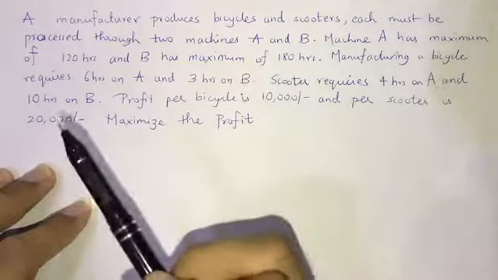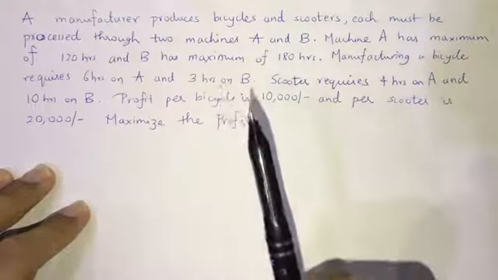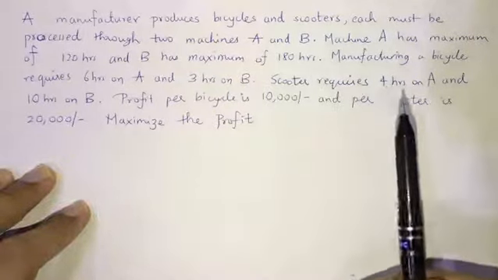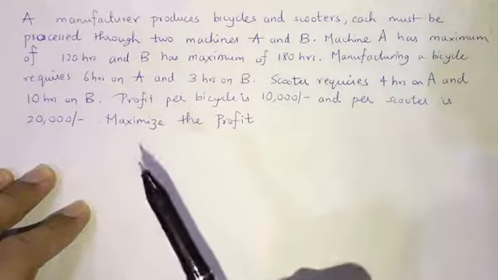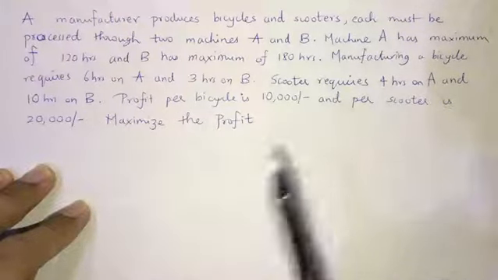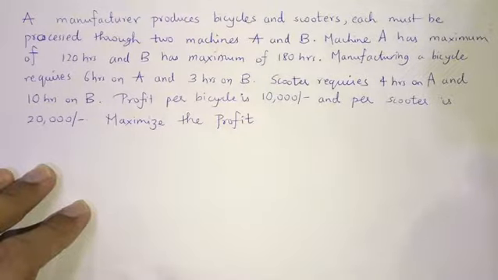Manufacturing a bicycle requires 6 hours on A and 3 hours on B. A scooter requires 4 hours on A, 10 hours on B. Profit per bicycle is 10,000 and per scooter is 20,000. Maximize the profit.